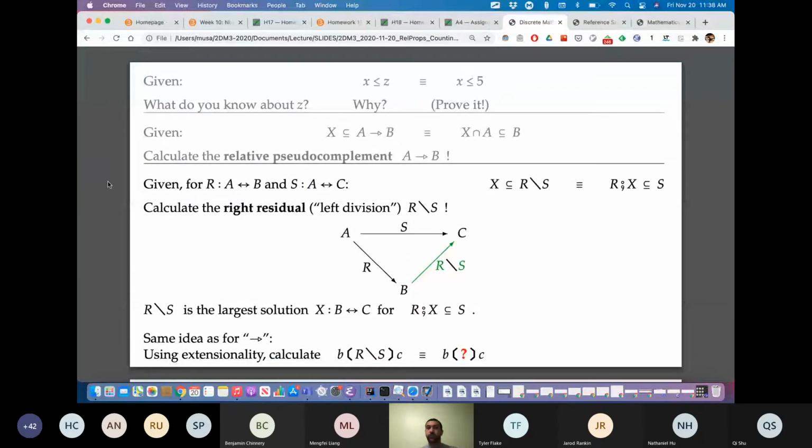So we've introduced composition, right? Semicolon, fat semicolon. You can think of that as multiplication. And if you think of it as multiplication, the next natural question is to ask, good question, Iman.